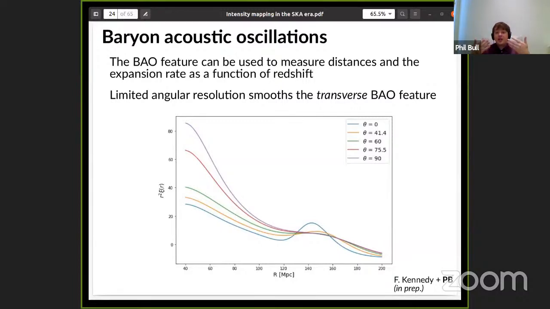And so depending on whether you're looking at this feature exactly in the radial direction, which is theta equals 0 in this plot, or exactly in the transverse direction, theta equals 90 in this plot, you may or may not actually see the BAO feature. It might get completely smoothed out and you'll lose a lot of that cosmological information you were hoping to detect. So again, 21 centimeter is a filtered tracer, and the way this filtering is done is really important to understanding exactly how to interpret your data.